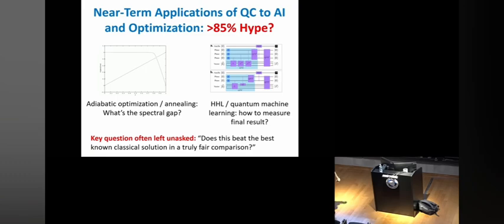But people have found examples. You can construct artificial examples where there seem to be very large quantum speedups, using these quantum annealing methods, for example. The thing we don't know is whether anything like those examples will ever show up in practice.